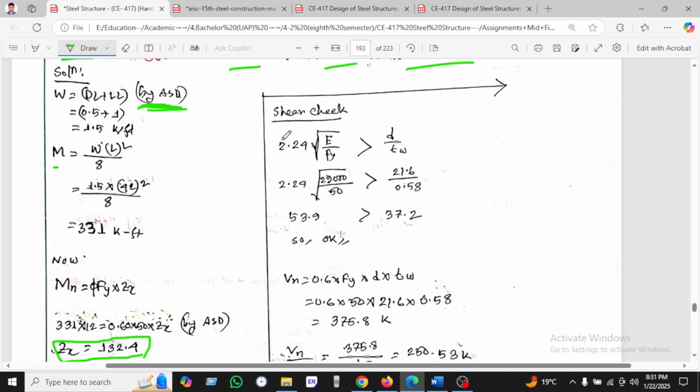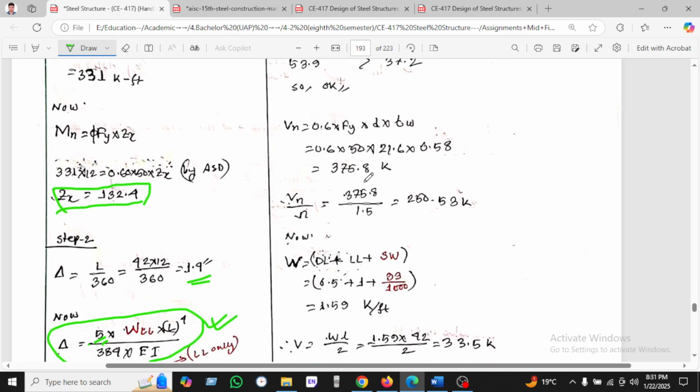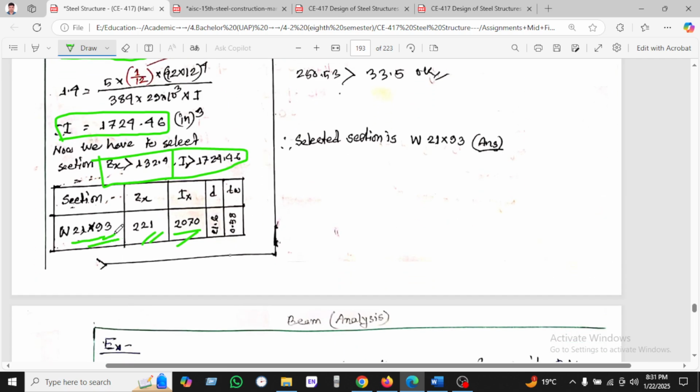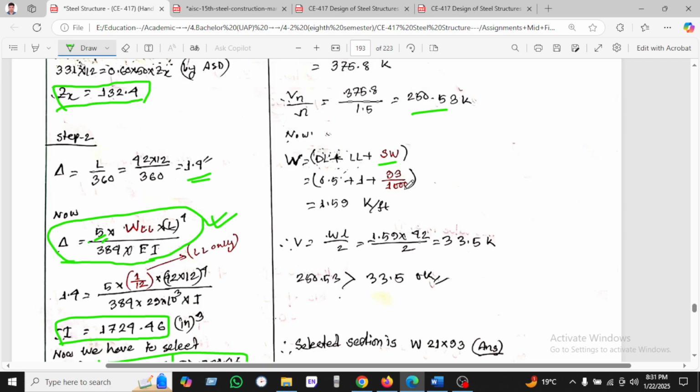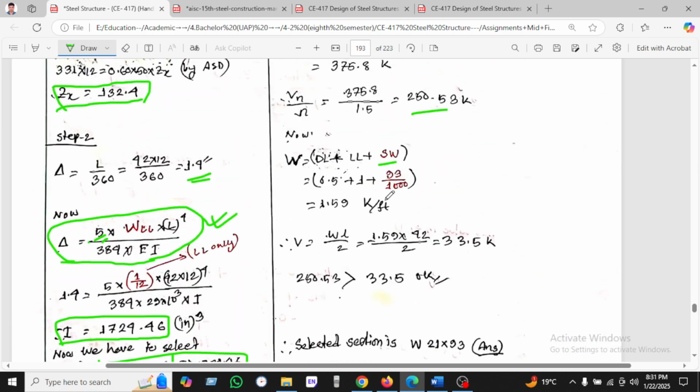And now we will check shear by this formula. We see that 53 is greater than 37, and shear we can see in this way, and phi equal to this. W equals the load plus self weight, as we have found for W21 by 93. 93 is in pounds per foot, so we divide by 1000 to transfer into kips, and V equals WL by 2, and found 332.